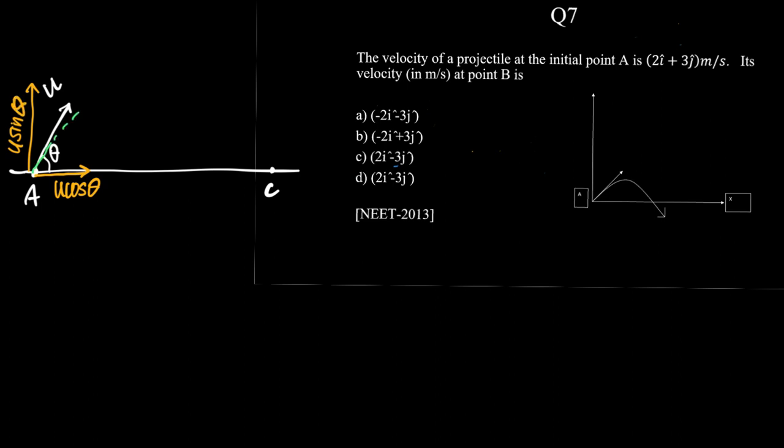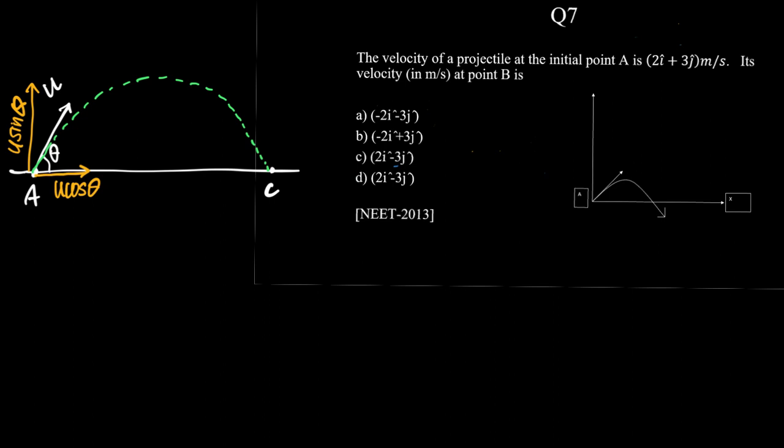The object goes through a projectile path, it lands here at C, and at C we have two different components again, which is u cos theta and u sine theta in the opposite direction, and we know that the resultant velocity v acts here, right?